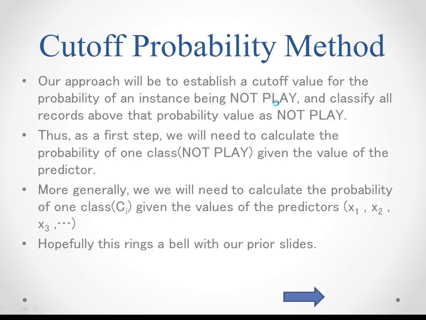Instead of 50%, what can I make the cutoff? I don't want to miss people that have cancer, right? So normally the way we did it over here, when we only had two classes, whichever one was above 50%, we would choose that one, right? But let's suppose this was cancer and no cancer.